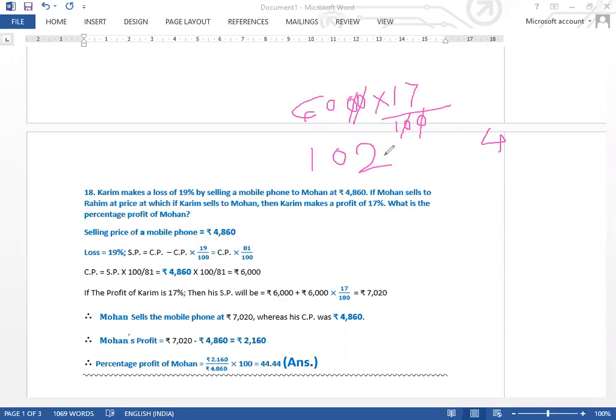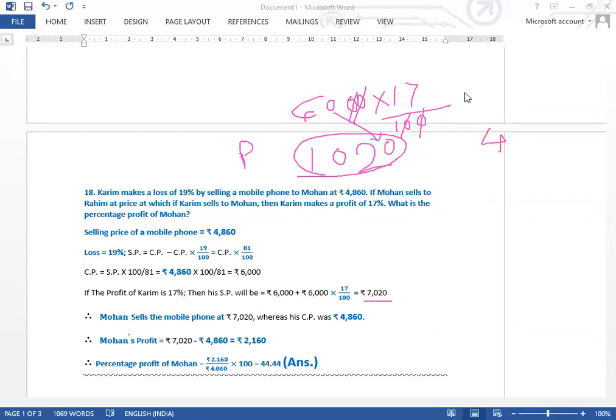And 6 into 17 is 102. And this 0 we bring to the side. So this is the profit. He makes profit only. So the profit is 1,020. So profit plus CP will be the SP. So this will be added with 6,000. So the selling price for the hypothetical Karim selling is 7,020 rupees.